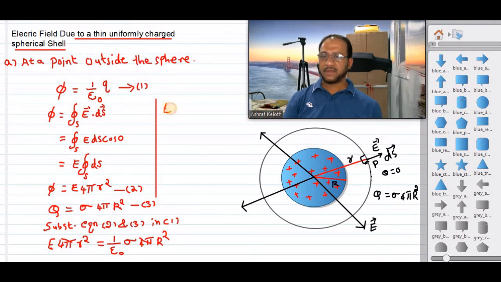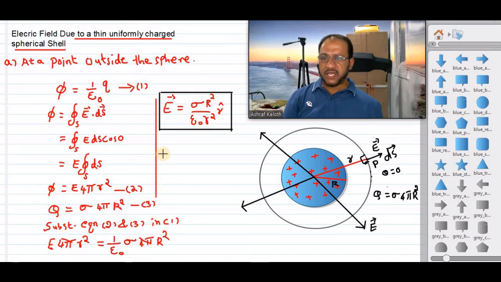Electric field intensity at a point outside the shell is equal to sigma into capital R square, that is the radius of the original conductor hollow shell, and sigma is the surface charge density, divided by epsilon naught, that is the permeability of free space, into small r square, that is the radius of the imaginary Gaussian surface, into r cap. What is the direction of r cap? Radially out, the direction of the radius of the sphere.